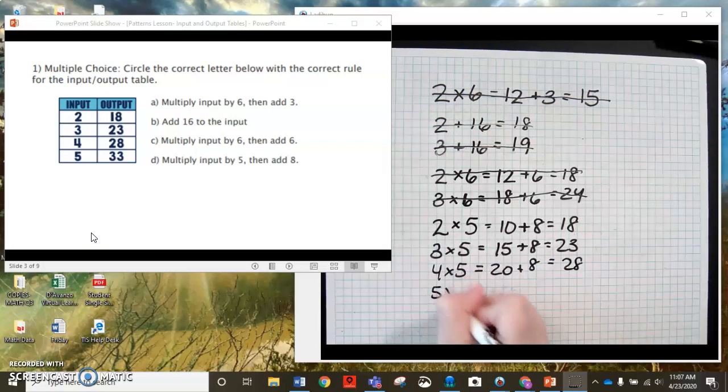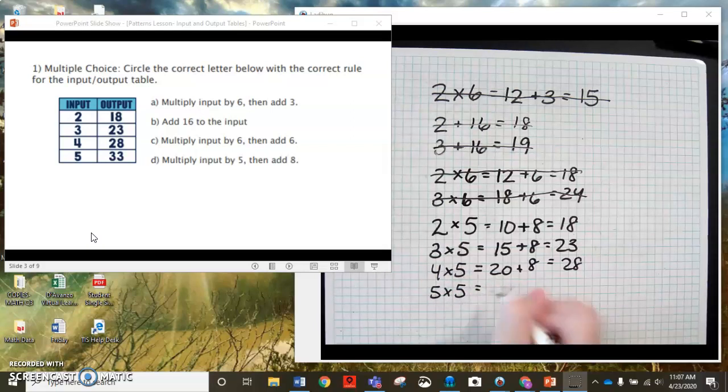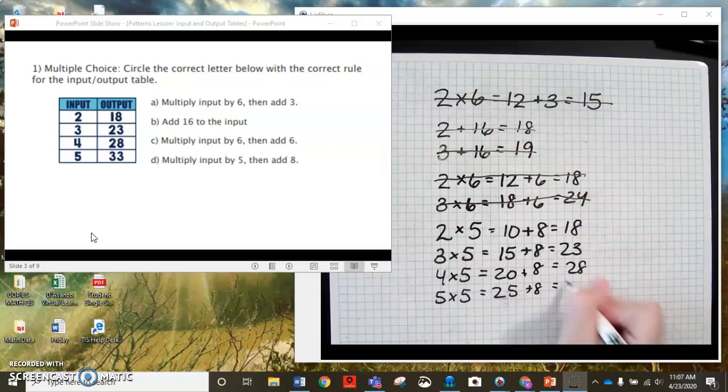And then 5 times 5 equals 25, plus 8 equals 33. So we have in fact found the correct rule, which is letter D, to multiply the input by 5, then add 8.